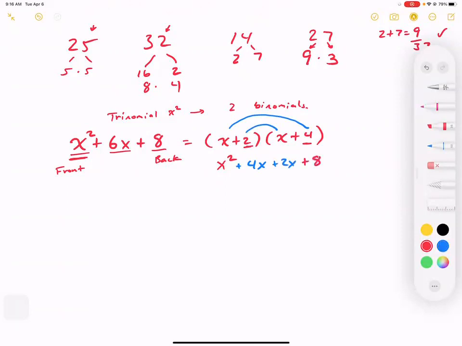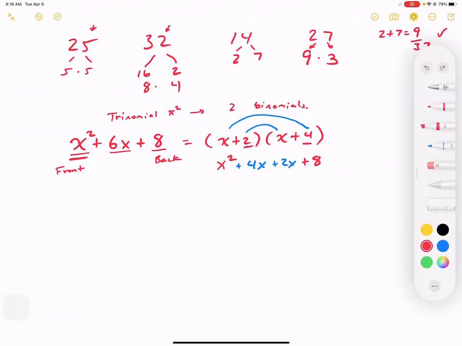I want to make sure you guys understand where all these 4 parts are from. We ended up with x times x. That was our x squared. Then x times 4 is our 4x. Done with the x, then we go 2 times x is 2x. And 2 times 4 is 8. I'll make sure everyone sees those parts.